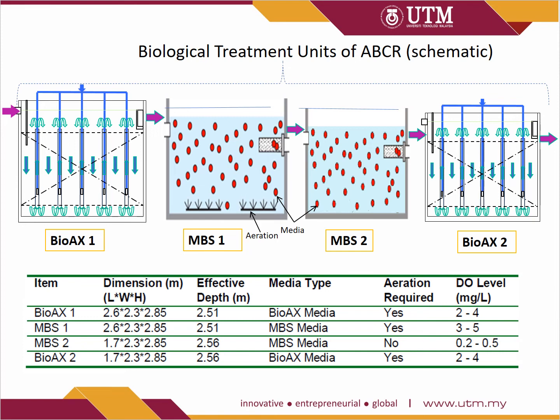Sometimes there is a duration where low oxygen is supplied, to allow anaerobic microbes to scavenge, to eat quickly, to degrade faster some of the difficult pollutants. So a combination of aerobic and anaerobic conditions is a good strategy to fully degrade a wide range of pollutants. This explains why there is one tank where the DO level is low without any aeration.